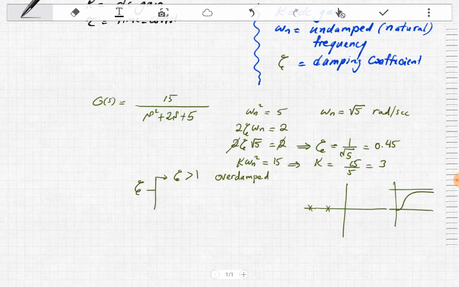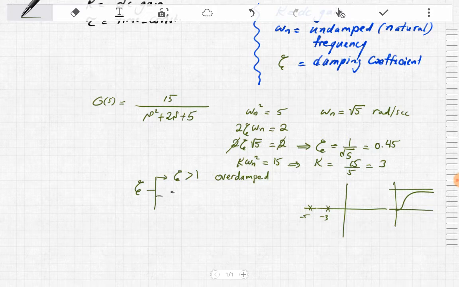It means you have 2 real roots and they are distinct, they are not equal, like, for example, minus 3 and minus 5. That we call overdamped, and the response looks like that.